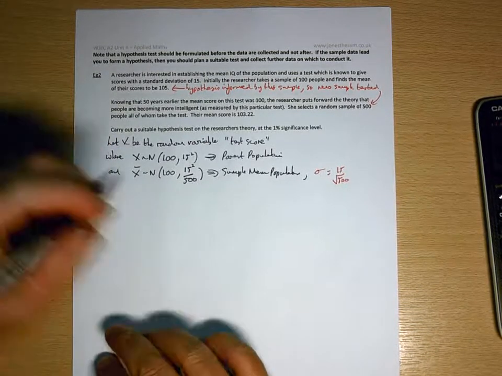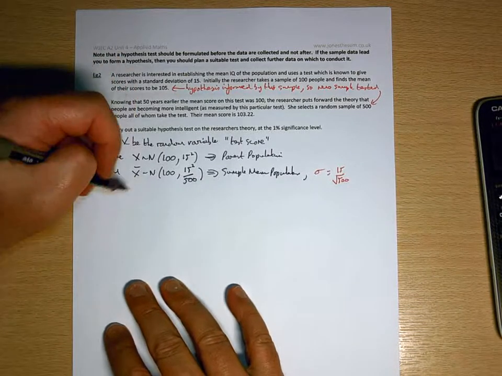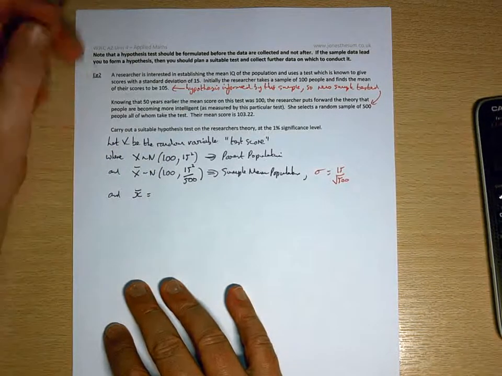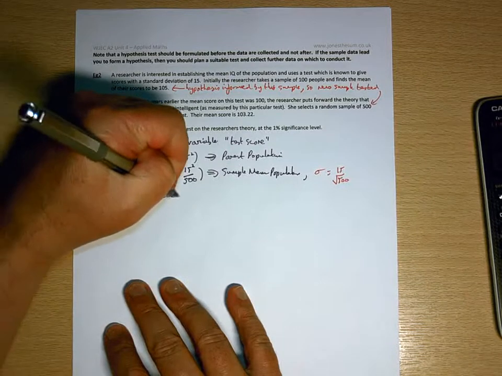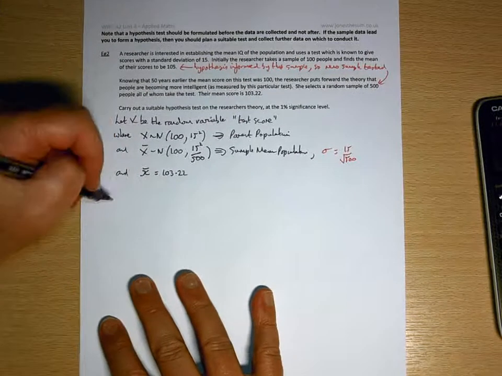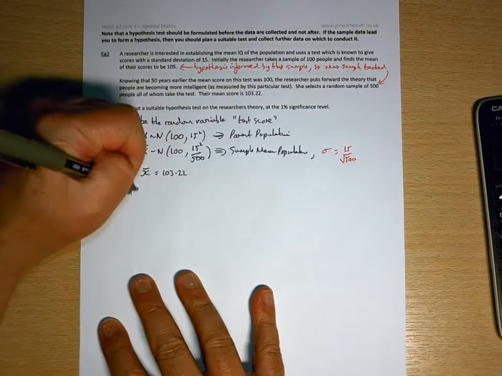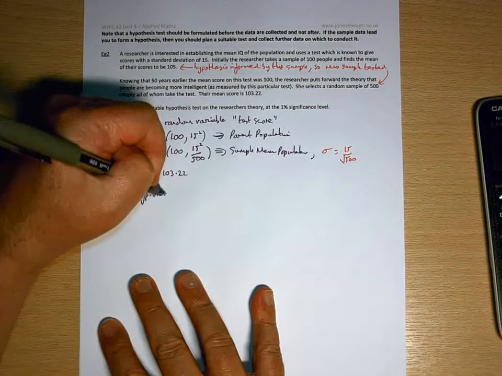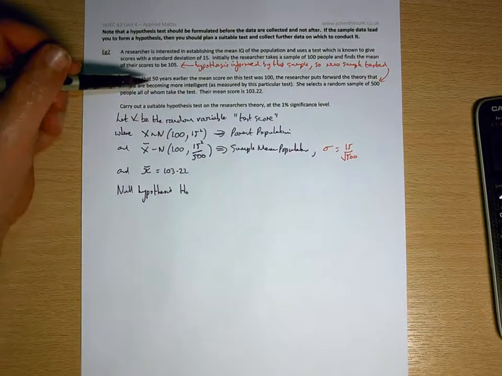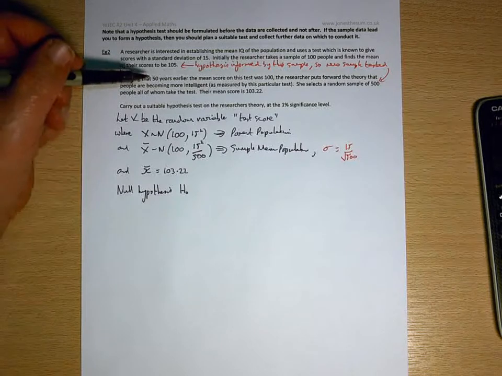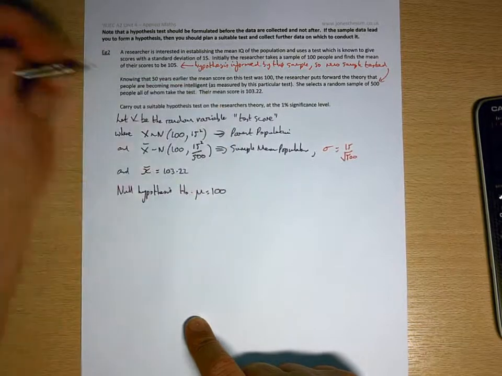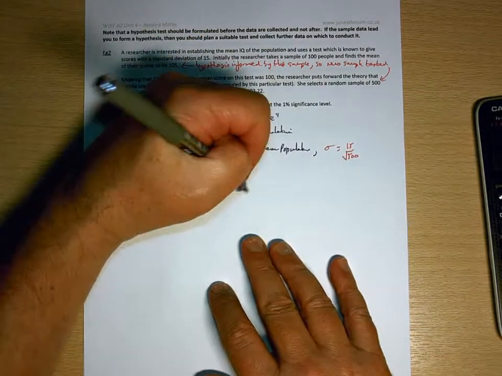We then have the sample mean of 103.22 for the sample that she took. Our hypothesis test now is going to be that there is no change in intelligence measured by this test, so that the mean was 100 and is still 100.